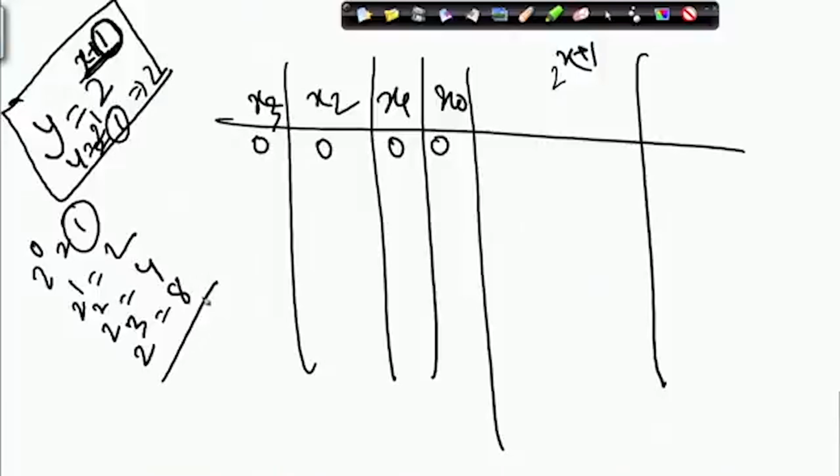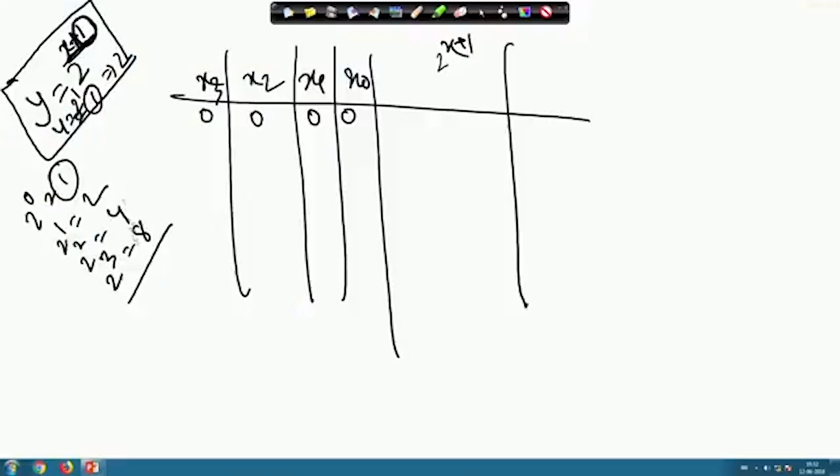But as I am adding plus 1 over here, we will not get 2 to the power 0. It will start from 2 to the power 1. So we will get 2, then for 1 we will get 4, for 2 we will get 8, for 3 we will get 16.